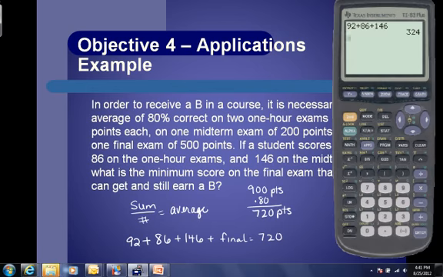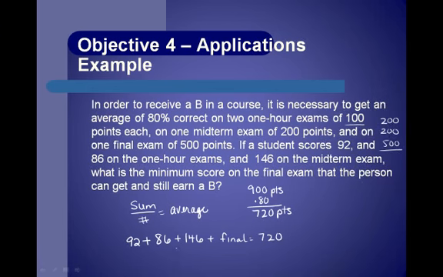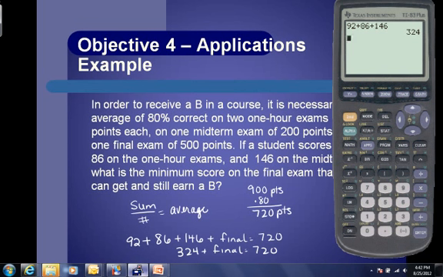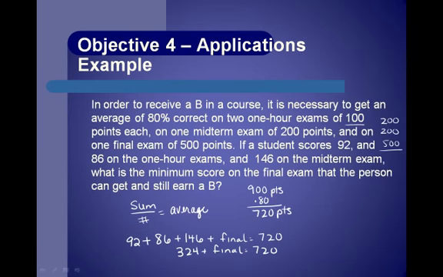So when we add all of these up, we get 324 points, plus whatever we make on the final would have to give us 720 points. So to get to the 720 marks, we're going to go 720 minus 324. So that means we need 396 points out of 500 on the final exam in order to get a B for the course.